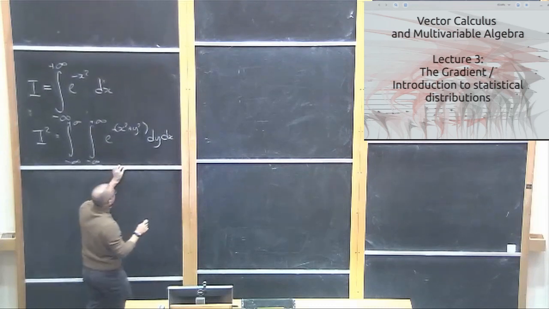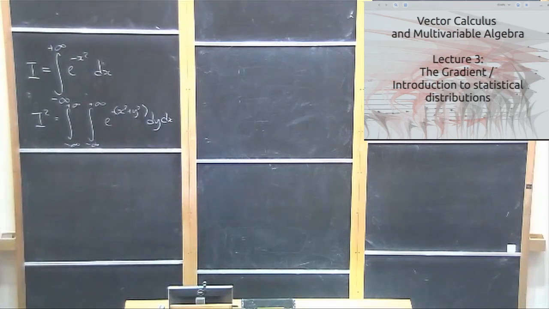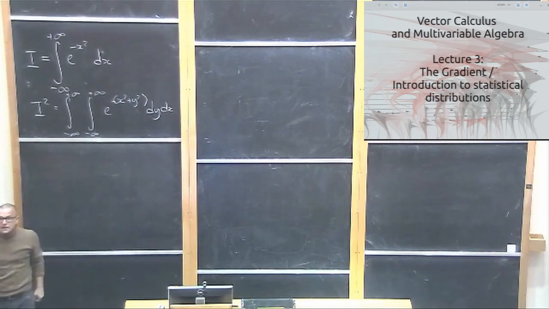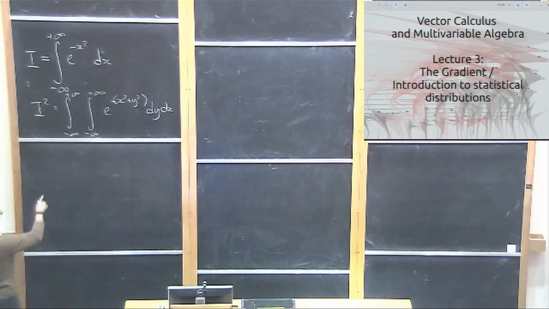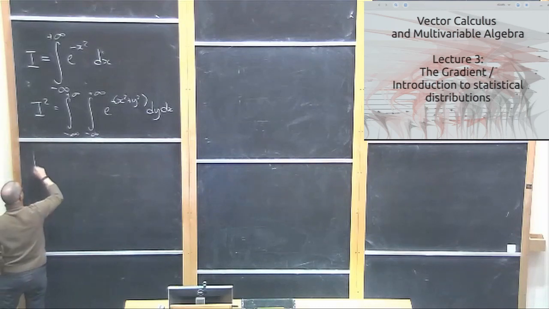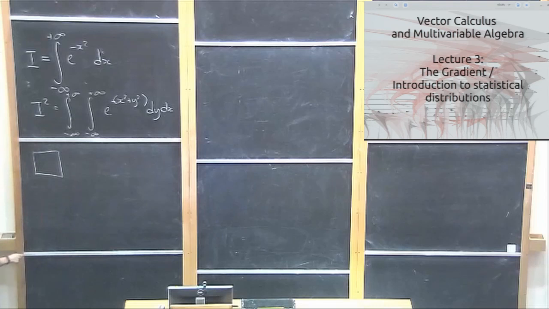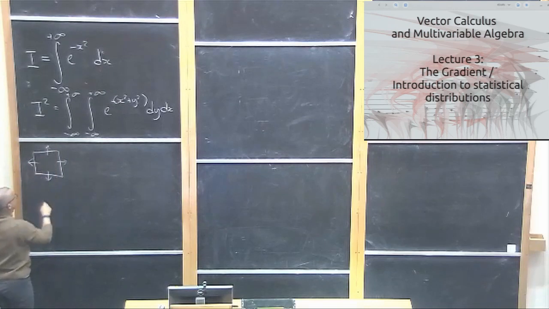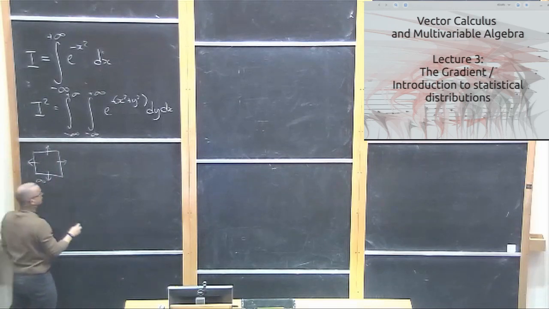And that would be a two-dimensional integral in dy and dx. Now the trick here is to switch this into plane polar coordinates. So what you can see here is that you are integrating over a plane in two-dimensional coordinates where the plane extends as a square to infinity in all directions.